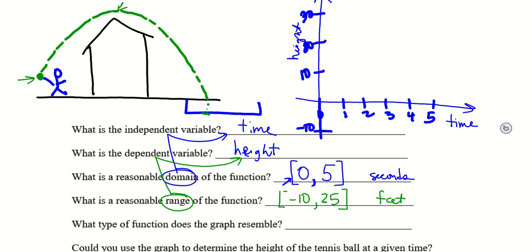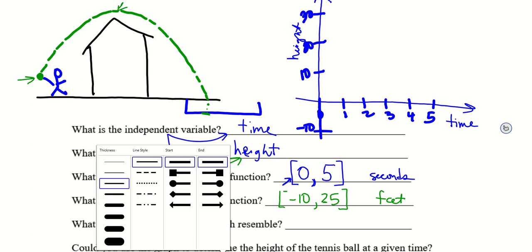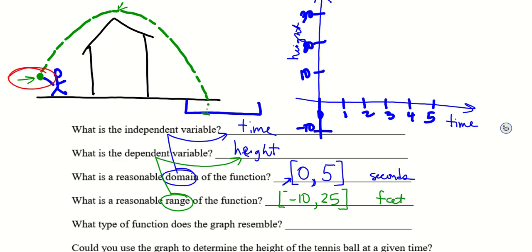So a reasonable graph, this is not perfect, but based on our guesses, would be where the ball starts. So let's see, here, maybe that ball starts at 5 feet. And that ball rises up to 25 feet and then comes back down, and then after 5 seconds lands in the bottom of the pool.